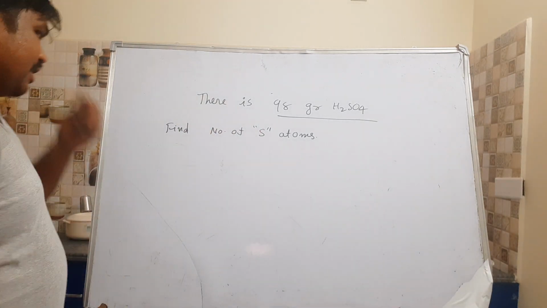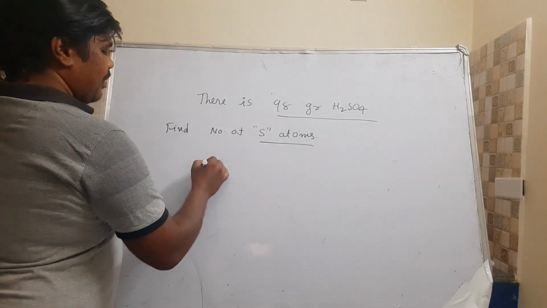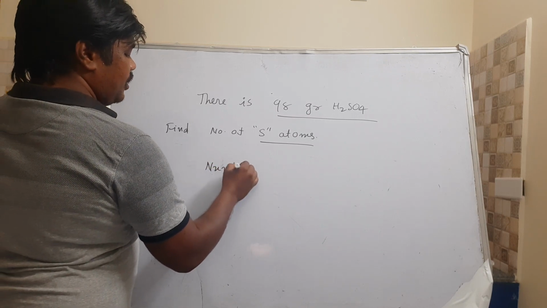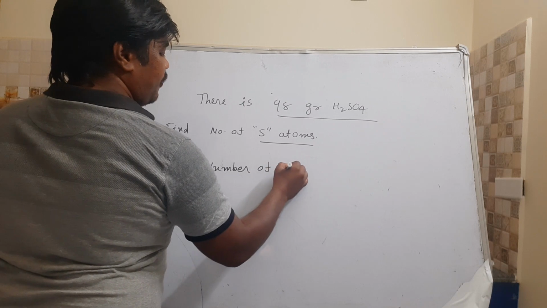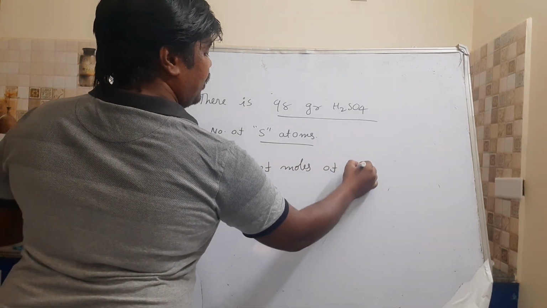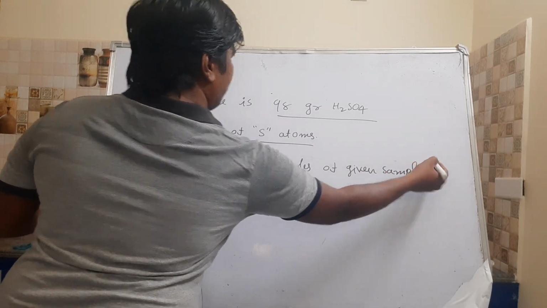That is their question. First of all, to find sulfur atoms, you have to get the number of moles of the given sample.